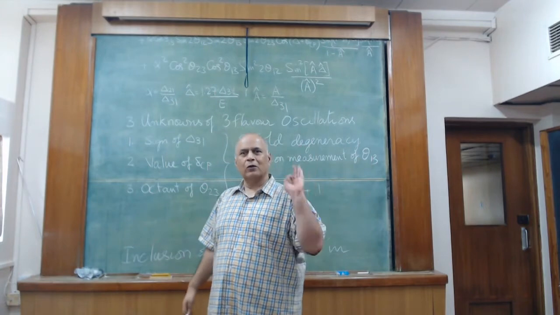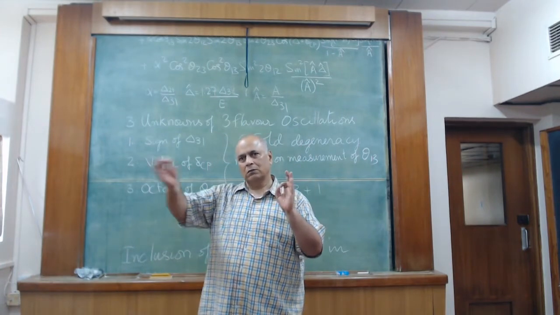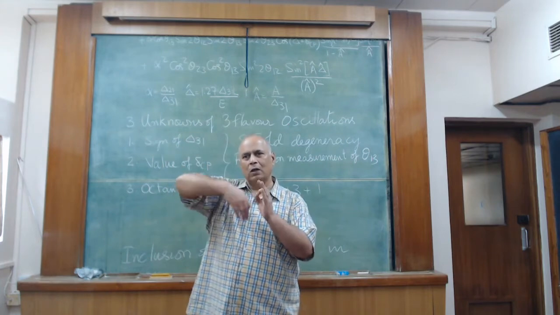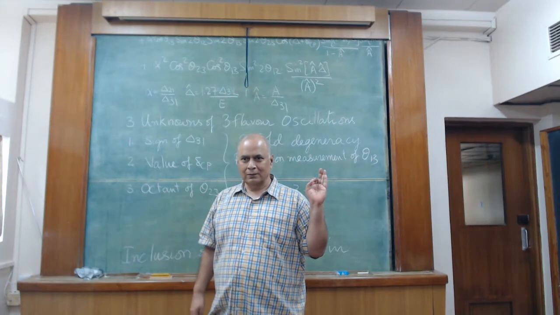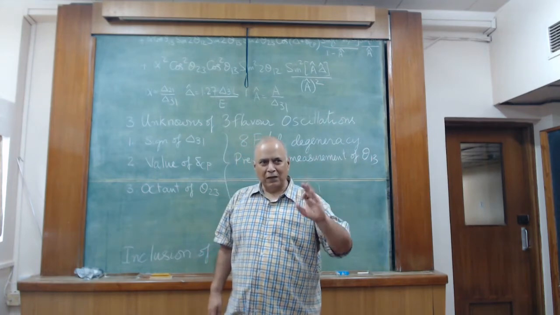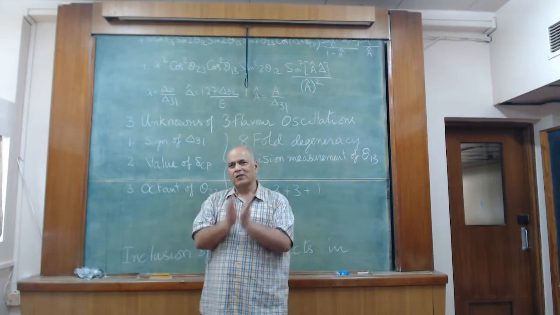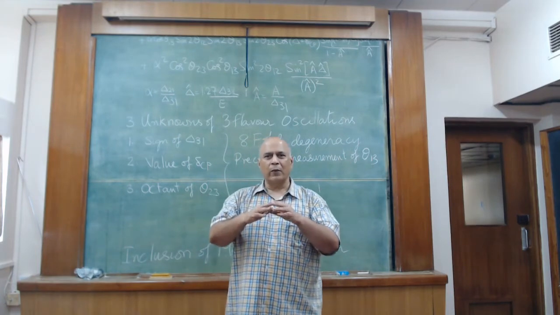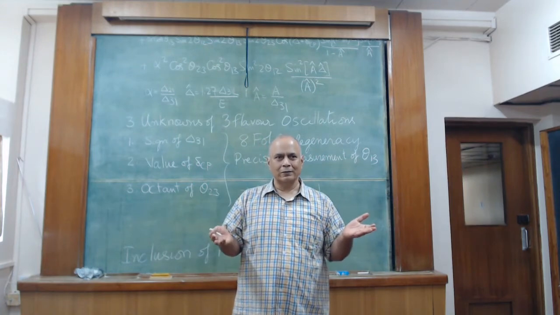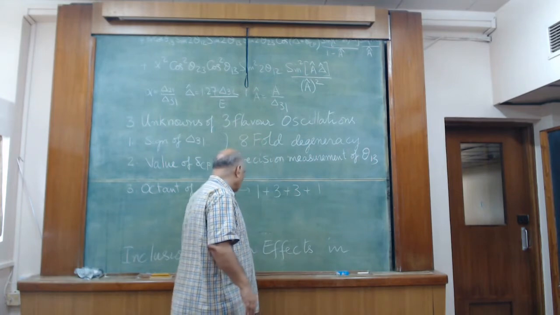But if I know the value of theta 13 precisely, then I can rule out the wrong values of theta 13. So that provides a solution to our problem, but it does not provide a full solution. Why that is, I will explain now.